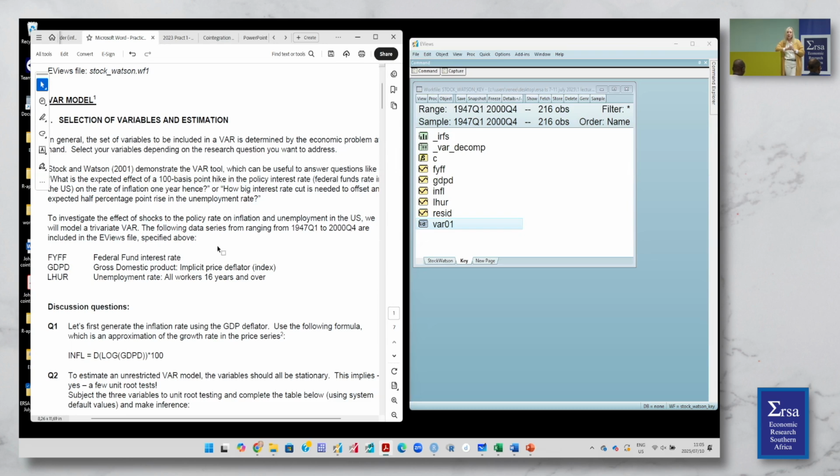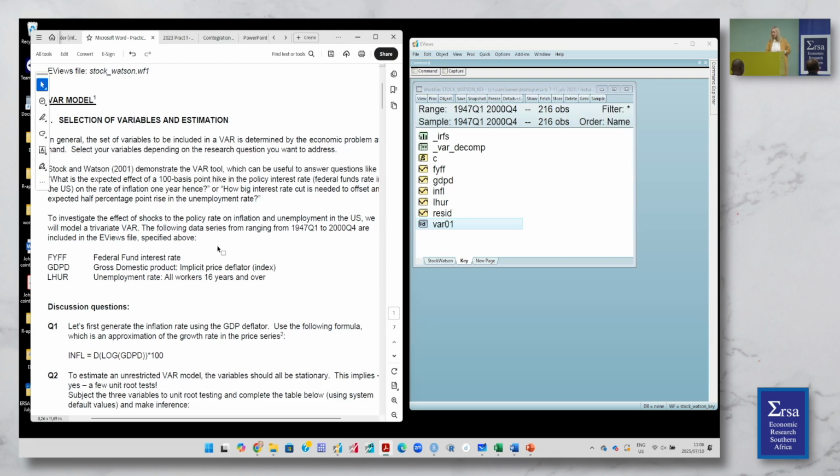That's always a choice. So if they use the implicit GDP deflator, what's in that basket is obviously all the goods and services produced in the US economy over this period, rather than just a few goods in the consumption basket. And then the unemployment rate of all workers 16 years and over.